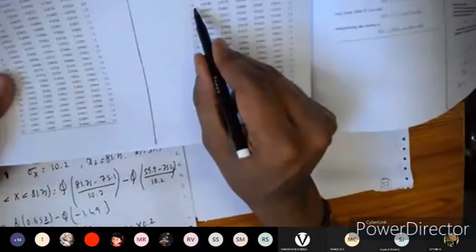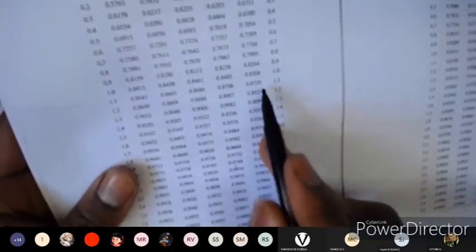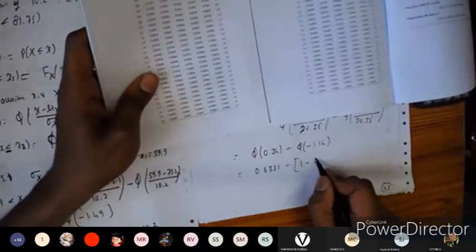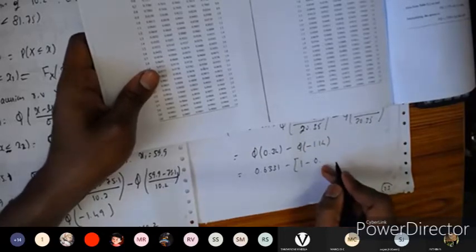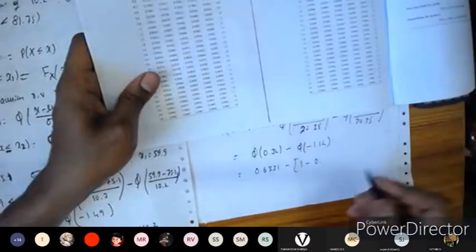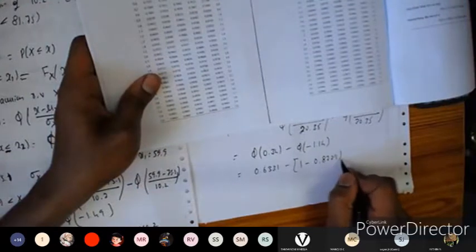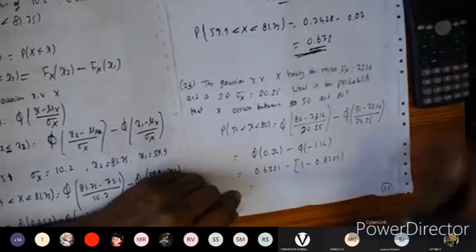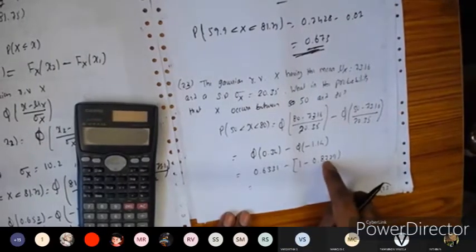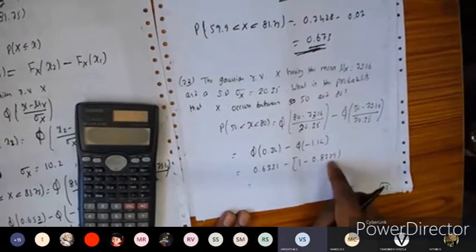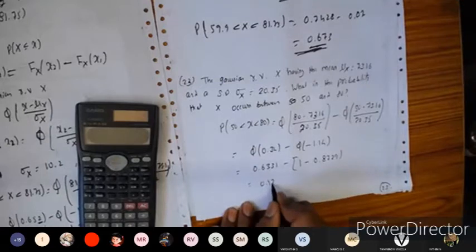I told in the last class how to take this. 1.14 is there: this is 1.1 at 0.04, and it is 0.8729 here. Whenever the minus is there, you take 1 minus whatever answer you get. So 1 minus 0.8729 is 0.1271.